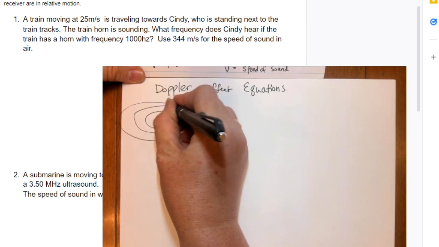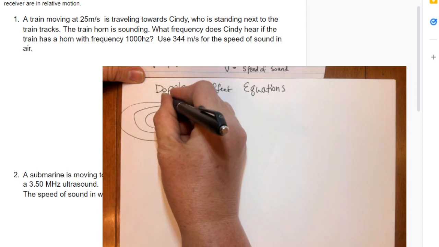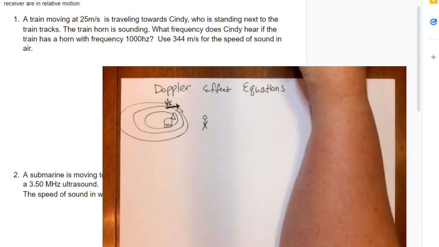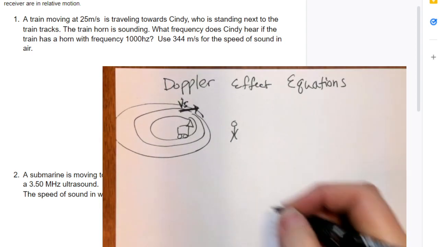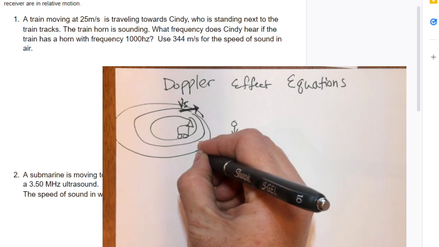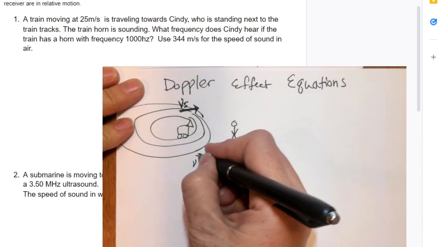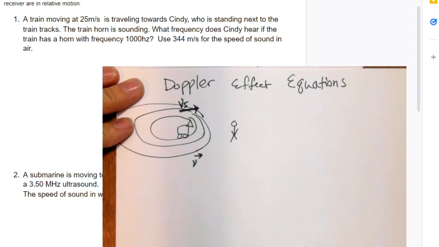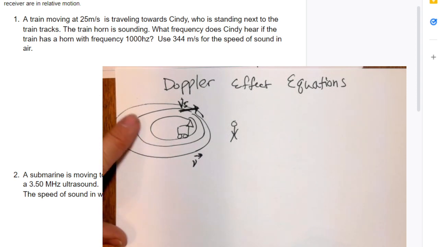So I'm going to draw a velocity vector for the ambulance, and I'm going to label that velocity of the sound source. Okay, and then there's also the velocity of the sound wave. Don't forget that the speed of the sound wave does not depend on how fast the ambulance is traveling. The speed of a sound wave is always constant.